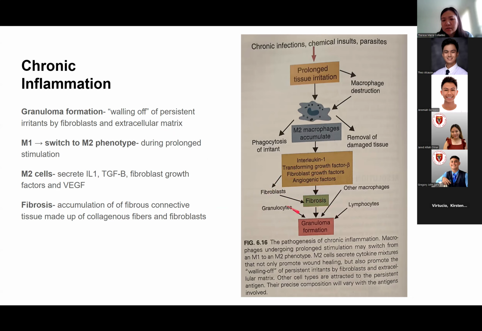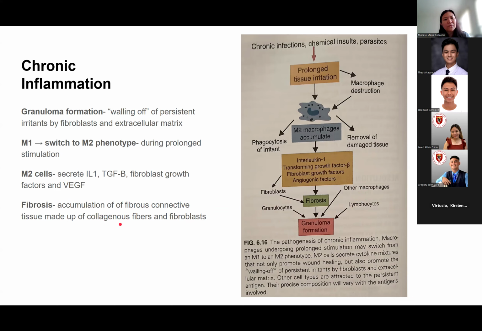In other cell types, you have the granulocytes, macrophages, and some lymphocytes that will contribute to the granuloma formation. Fibrosis is the accumulation of fibrous connective tissue made up of collagenous fibers and fibroblasts.